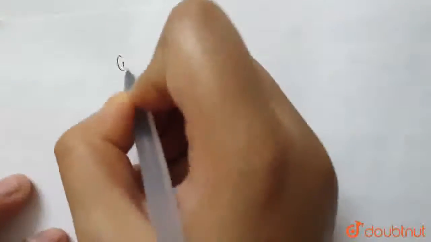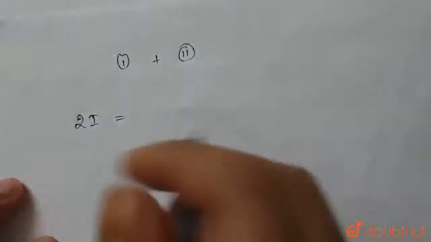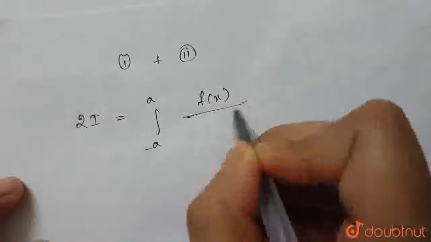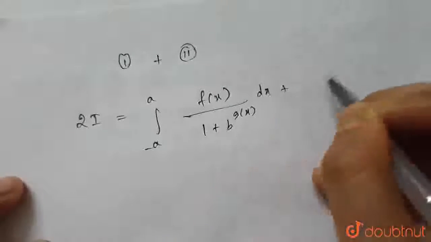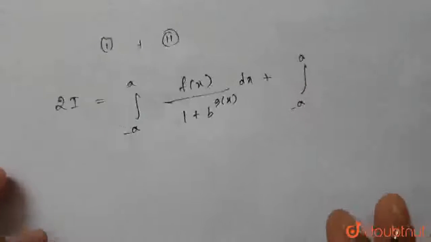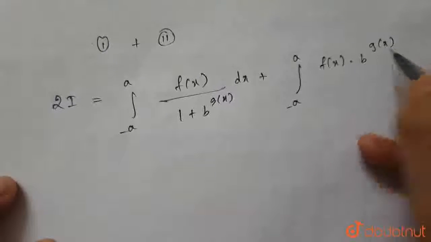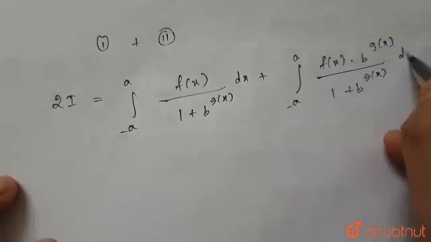Now 1 plus 2, we get 2I equals the integral from minus a to a of f(x) divided by 1 plus b to the power g(x) dx, plus the integral from minus a to a of f(x) into b to the power g(x) divided by 1 plus b to the power g(x) dx.